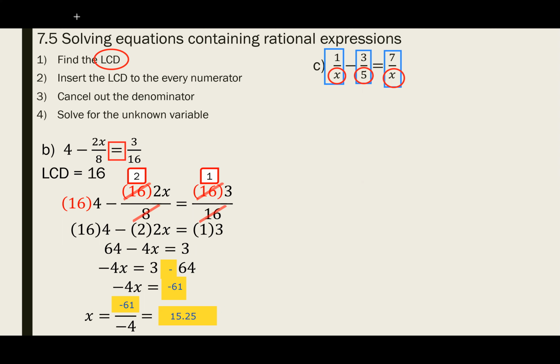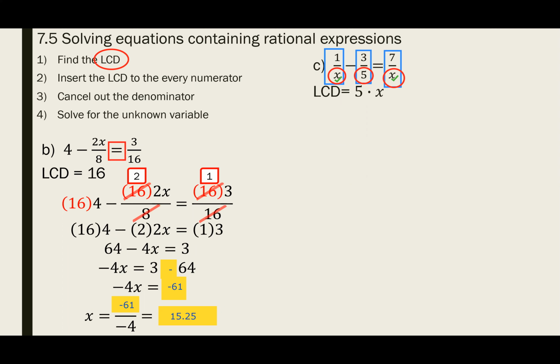But if they happen to repeat, as you can see, this x and this x, if they repeat at a different denominator, we only use it 1 time, meaning we only use 1x. We don't want to double use it. Because they have a common multiple, we only want to use it 1 time, okay?